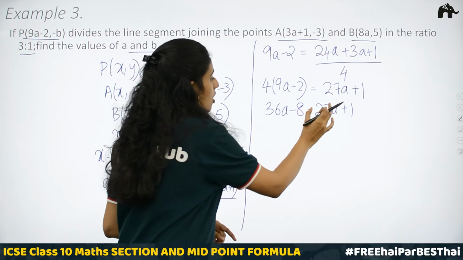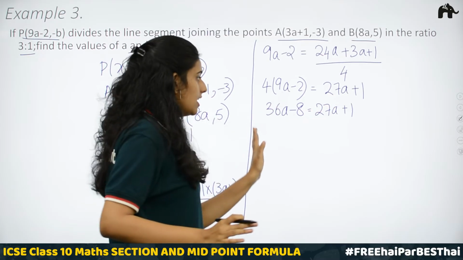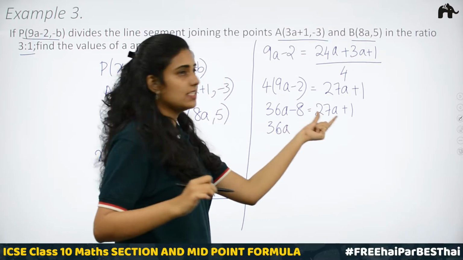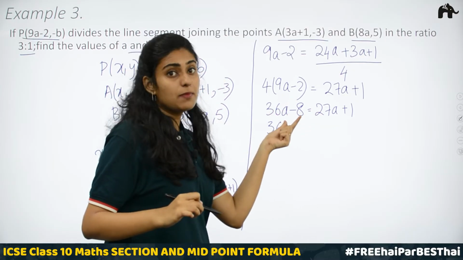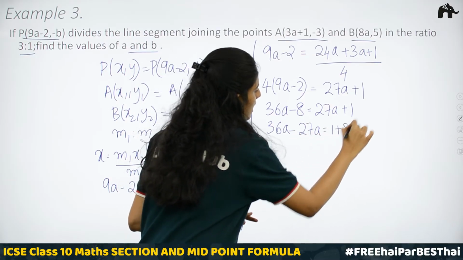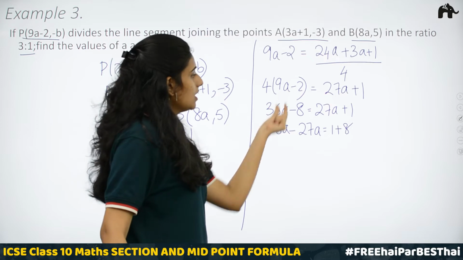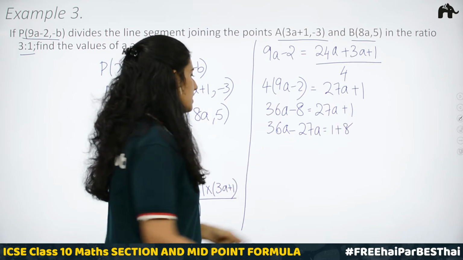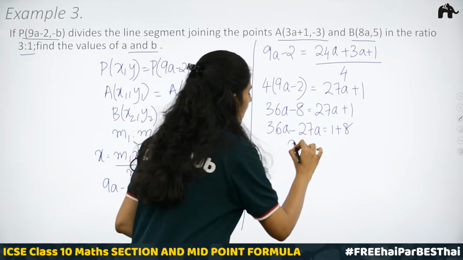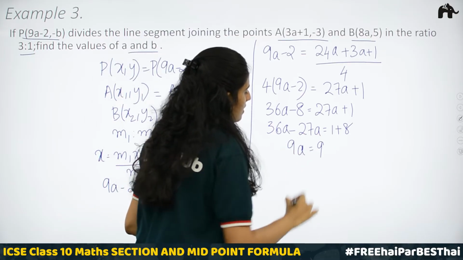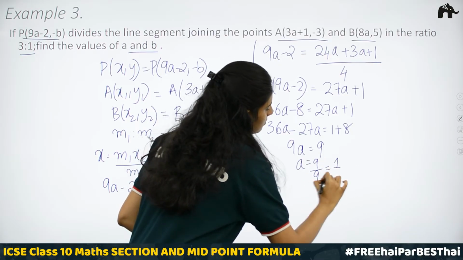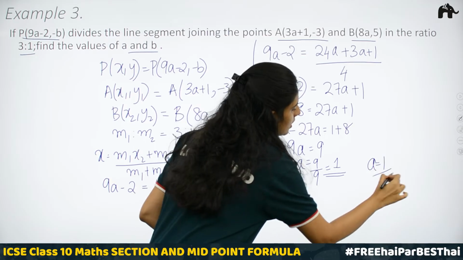Now bringing all the terms containing a to one side and the constants to the opposite side, we get 36a, 27a, when taken to the opposite side it becomes minus 27a, is equal to 1 plus 8. Minus 8 taking to the opposite side it becomes plus 8. 36a minus 27a is 9a is equal to 9, from which we get a is equal to 9 by 9 and that is equal to 1.